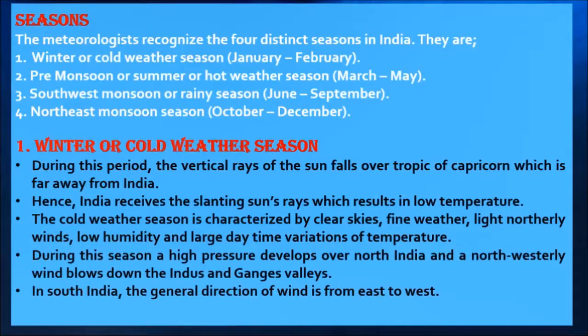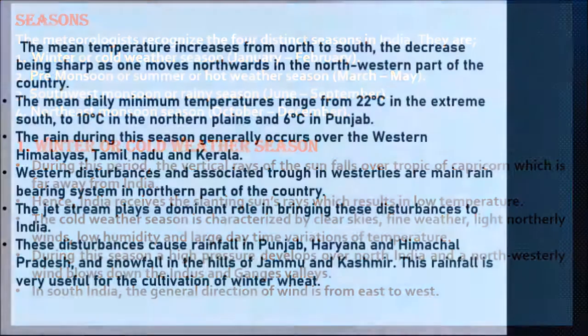And in South India, the general direction of wind is from east to west. So there the wind blows from north to west, but here in South India the wind blows from east to west. This is a small description about the winter and cold weather, children.